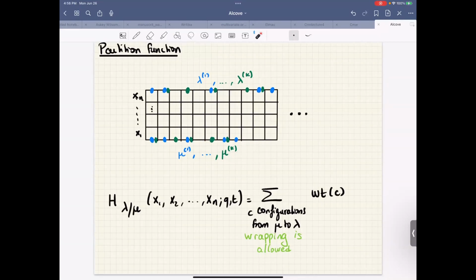We fix a k-tuple of partitions at the bottom and a k-tuple of partitions at the top, and we define these polynomials, h lambda slash mu. Again, exactly as before, the only thing is now we can also wrap around. The paths are not just exiting at the top and stopping, they can wrap many times, as long as each vertex is still a k-colored 5 vertex.